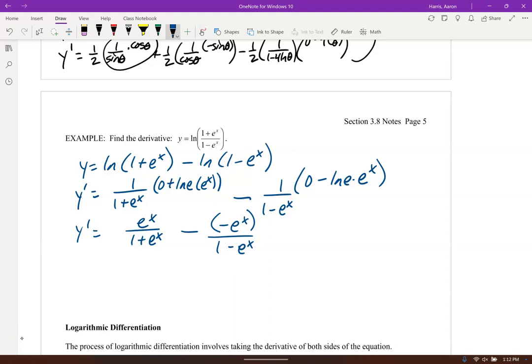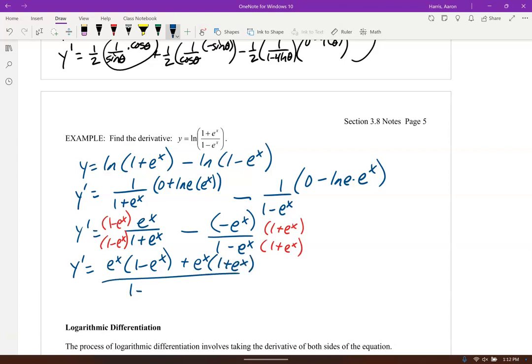And so I just get a common denominator on this. Give this a 1 minus e to the x. Give this one a 1 plus e to the x. So the e to the x, 1 minus e to the x, negative times a negative is positive. This is all over a common denominator. Then I go ahead and distribute that, and come up here.